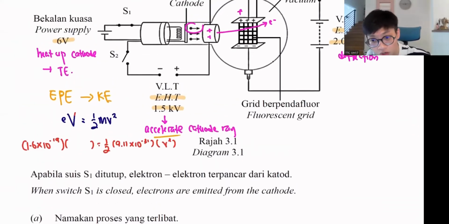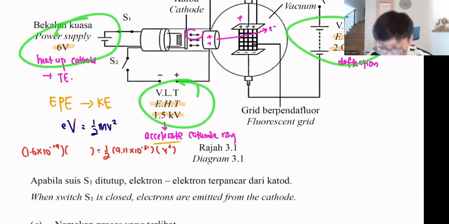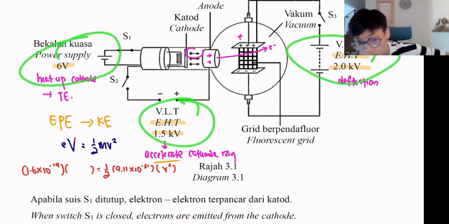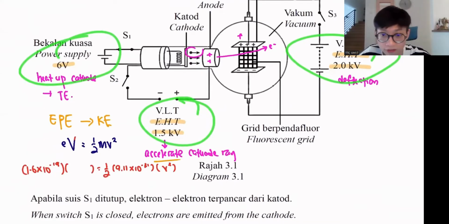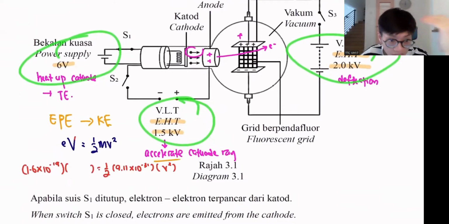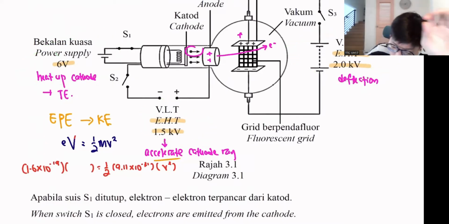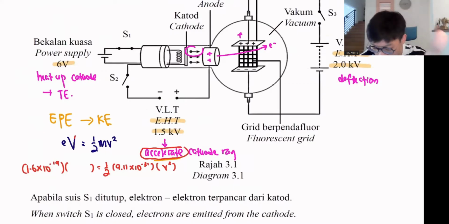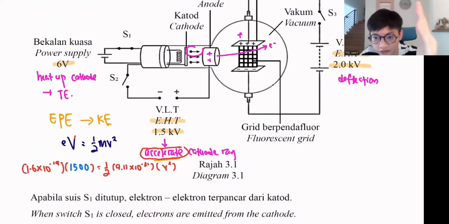Now, why is this question very tricky? Because when you look at this, you don't know whether to use 1.5 kilovolt, 2 kilovolt, or 6 volt. If you understand the purpose, which one do we use? Because the job of the 1.5 kilovolt is to accelerate the electrons, this is going to be 1,500.